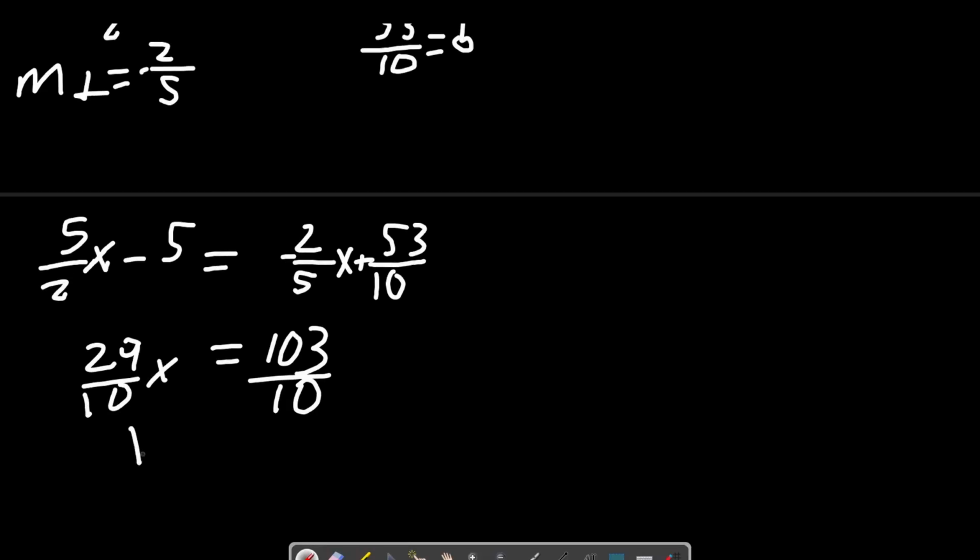And now x would just equal, we're going to multiply both sides by 10/29. So 103/10 times 10/29 is going to equal 103/29.